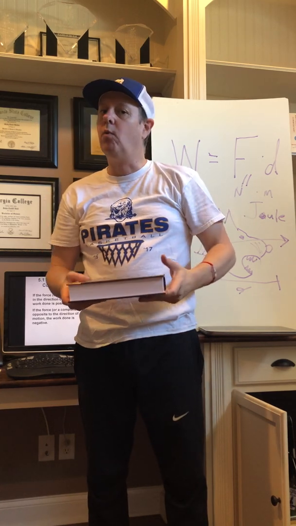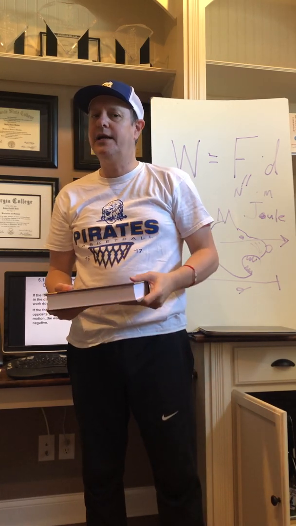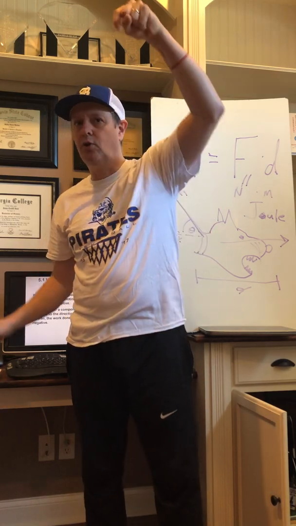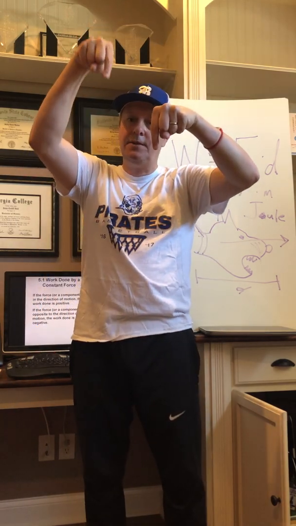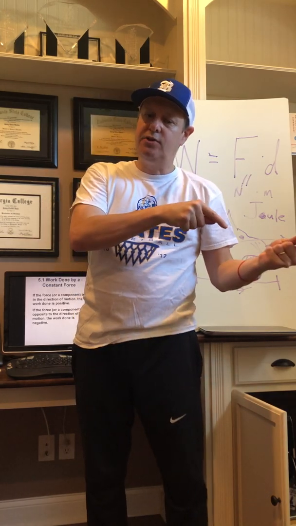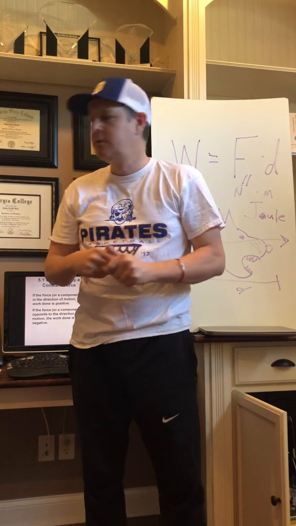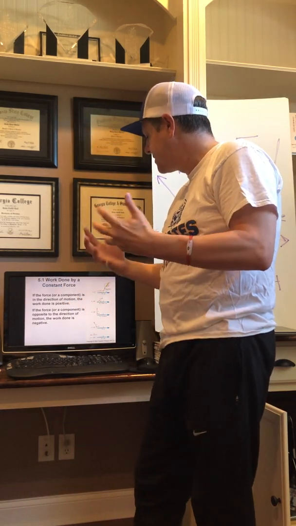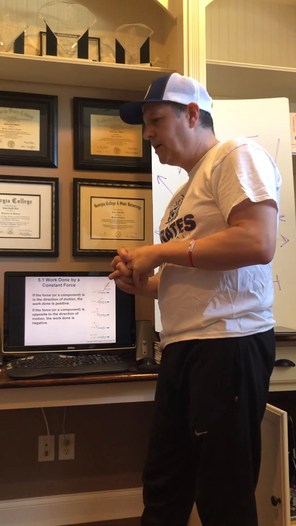Now, once again, what's gravity doing on the book as it lowers? That's right. It's doing positive work. So gravity's force is downward, the displacement's downward. So I'm doing negative work on the book, gravity's doing positive work on the book as it lowers. And then it says if a force or a component of the force is opposite the direction of the motion, the work done is negative.